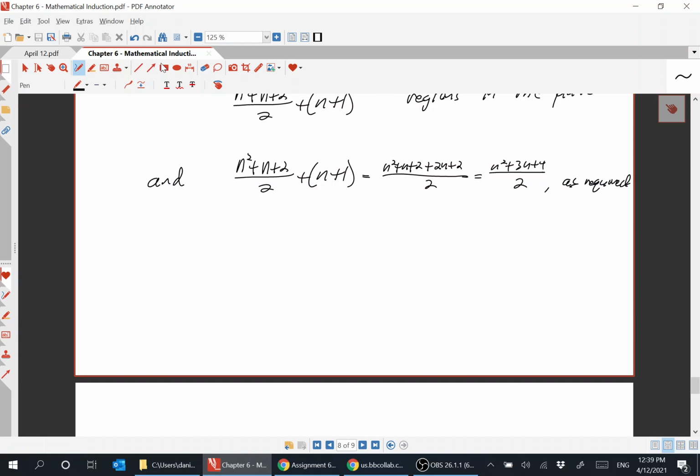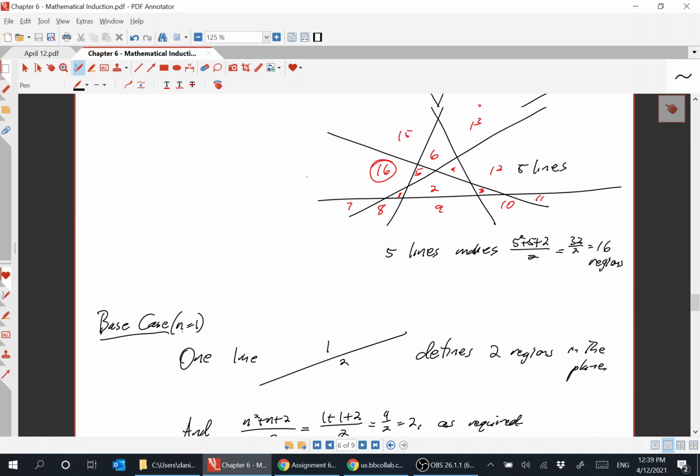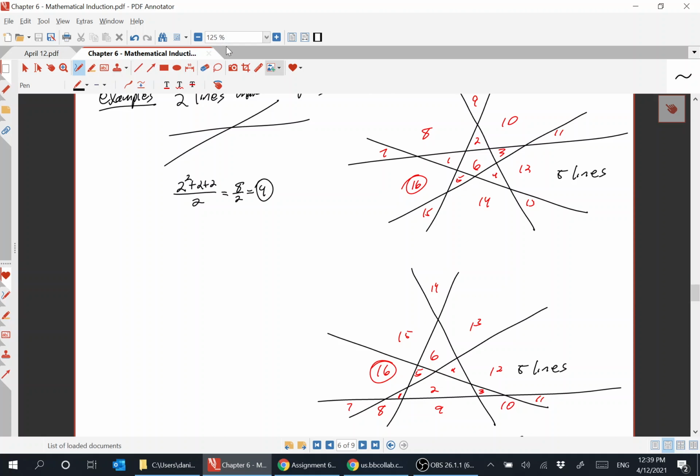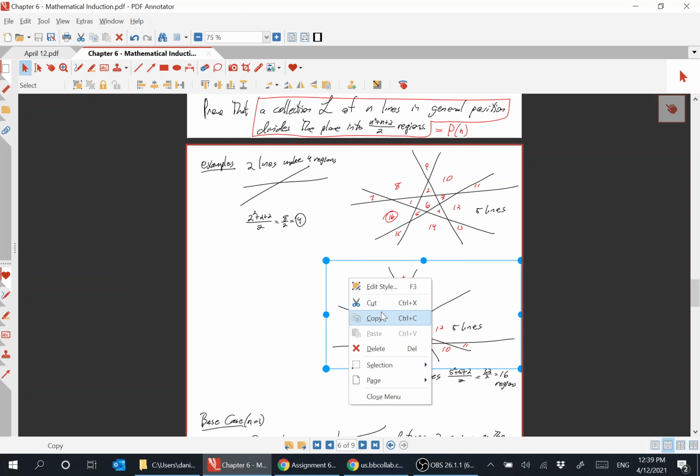So let's go back to those pictures we had before. All right, so here is 5 lines in general position.